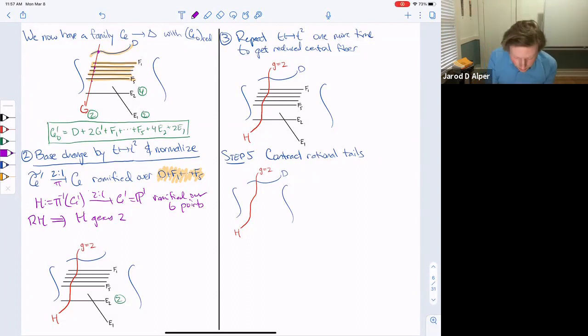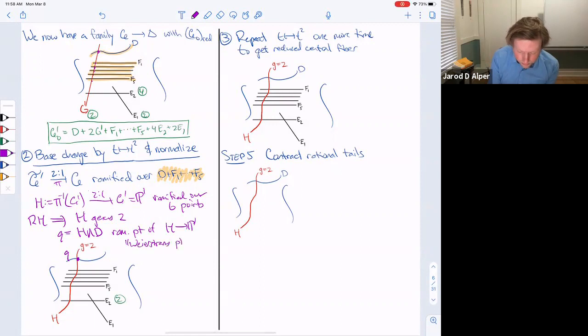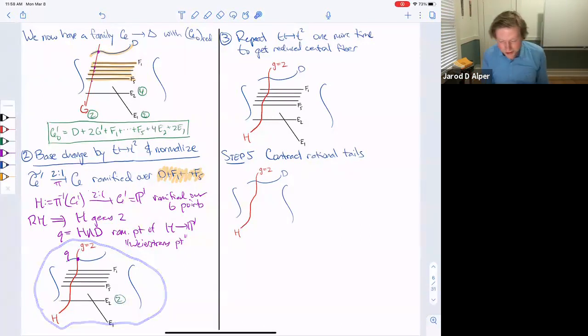And you also know that H intersect D, let's call this point Q, that's this intersection point, is a ramification point of the 2-to-1 cover. So some people call this a Weierstrass point. And so this decreases the multiplicities of everything except for E2, which is now 2. And so we're getting closer to computing the stable limit.